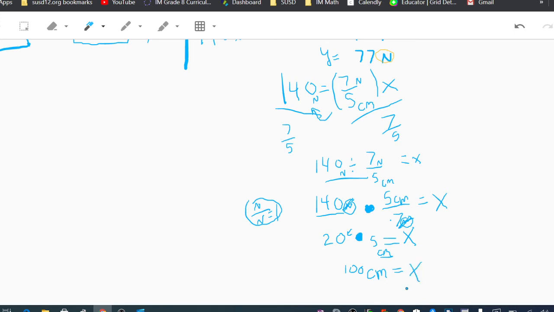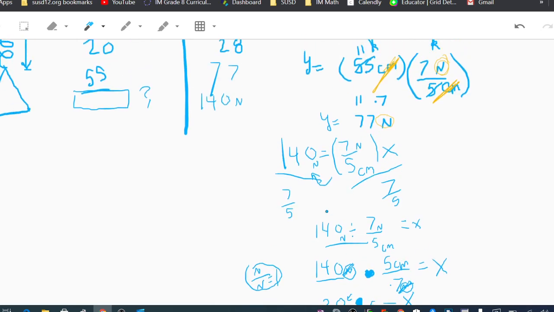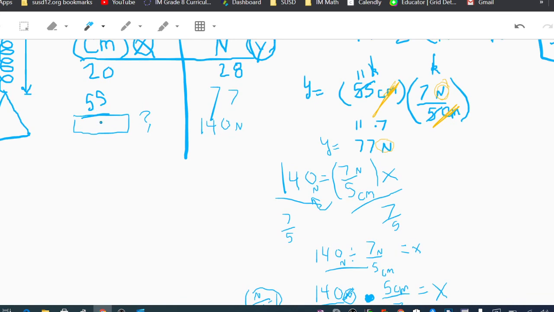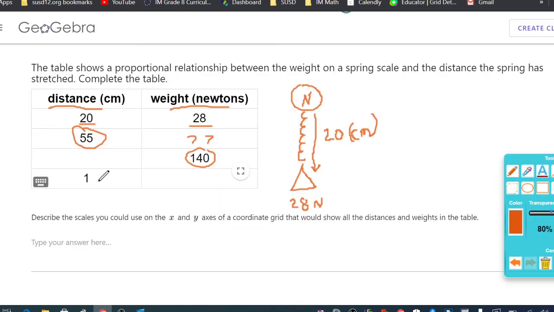If you had the units of newtons, that wouldn't be a distance. You need the answer to be a distance that the spring was pulled. So it makes sense that the units end up as centimeters. It wouldn't make sense to be anything else than centimeters. Okay, our answer is 100 centimeters. Does that make sense to you? I think it does. 100 centimeters is our answer there. Go ahead and fill that in.